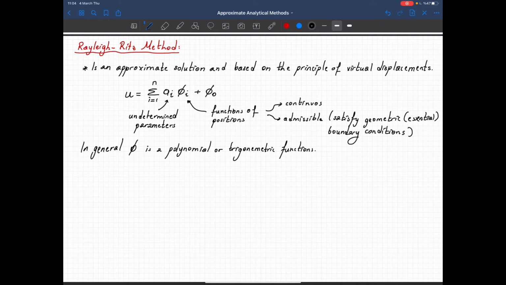Now we define a displacement field, and by using that displacement field, we write the total potential energy functional. Again, we are using the energy approach.